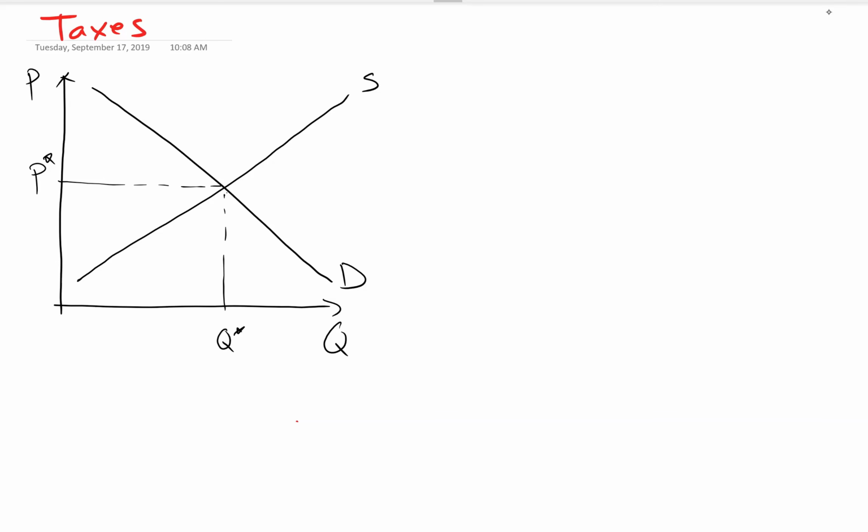Now we're going to put a tax in this market, a unit tax, equal to big T. You can think of big T as some amount, like $1 a unit or 50 cents a unit.